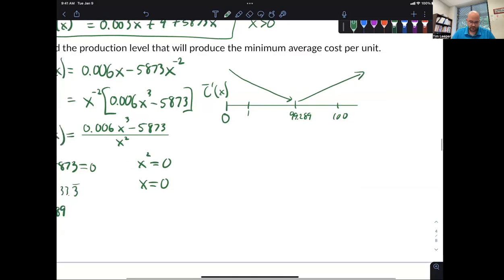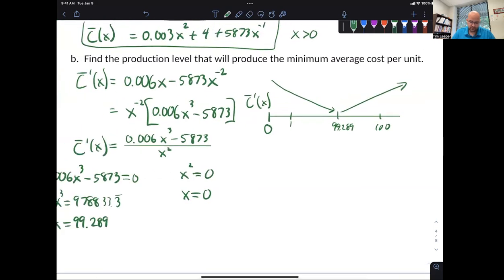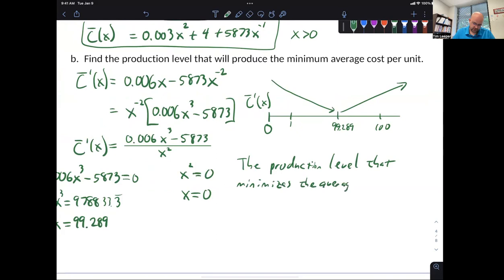Wonderful. So find the production level that will produce the minimum average cost per unit. The production level that minimizes the average cost per unit is x equals 99.289.